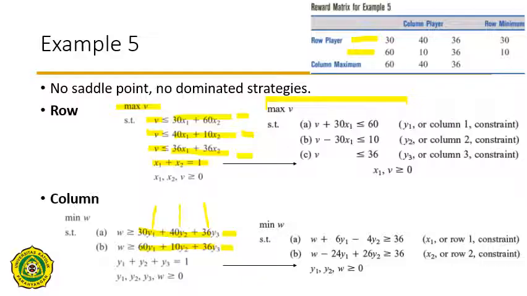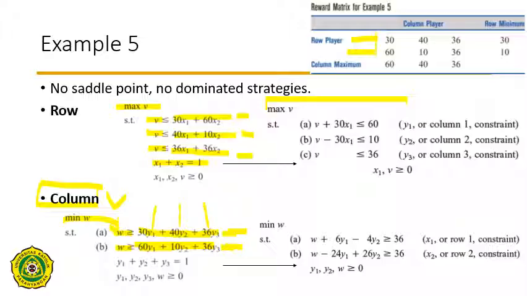And then because these constraints are talking about each strategy of the row player, who wants to maximize his or her reward, that's why the sign is W greater than or equal to the expected reward. However, because the column player wants to minimize the reward received by the row player, you might wonder why the reward here is for the row player.